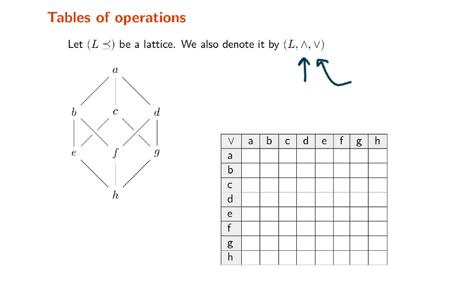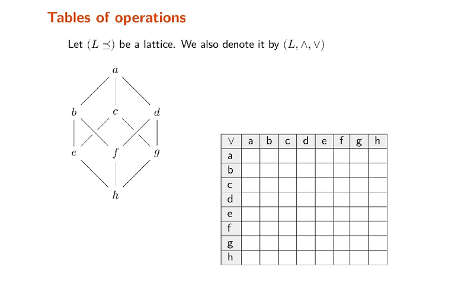That is one of the examples we have seen, and also in the example of the divisors of a number, we saw that the meet coincides with the greatest common factor, and the join coincides with the least common multiple. These things will help us in the right direction to do the calculations.